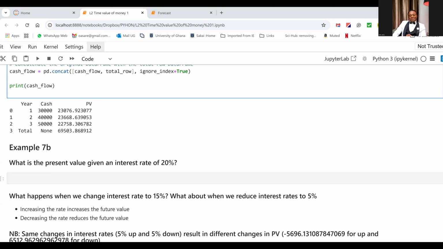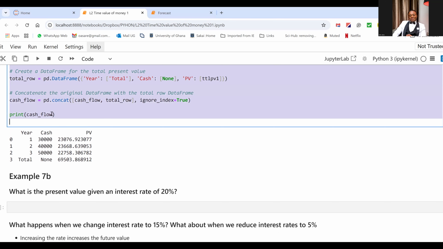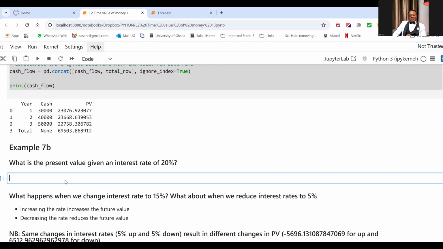That's the key. And of course, if you decrease the rate, what do you think will happen? It will increase the present value. So if I were to pick this one, I'll copy this same one, come down here, and change the interest rate.